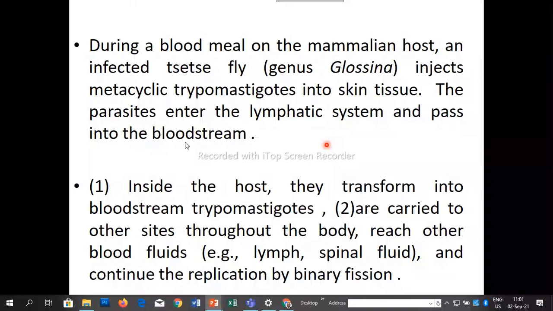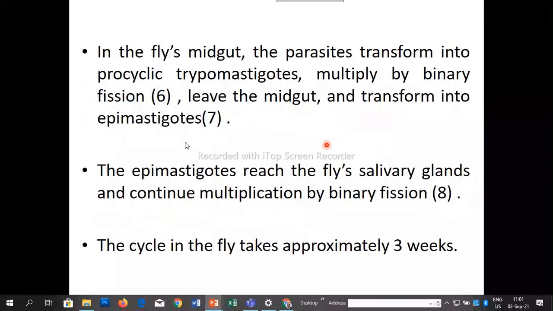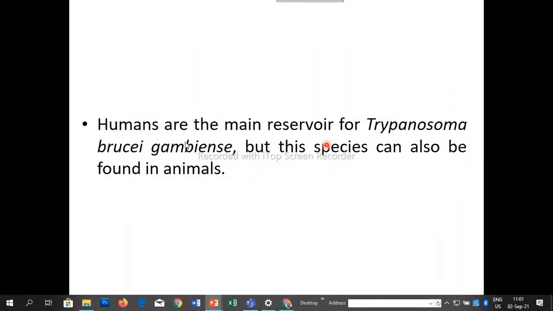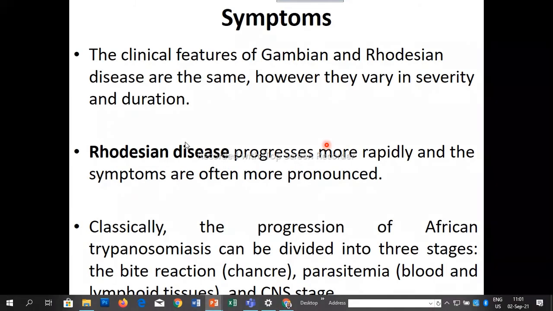And humans are the main reservoir for this Trypanosoma brucei, either Gambiense or Rhodesiense, but these species can also be found in some animals. The clinical presentation for Gambian and Rhodesian disease is the same, but they vary in severity and even in duration.